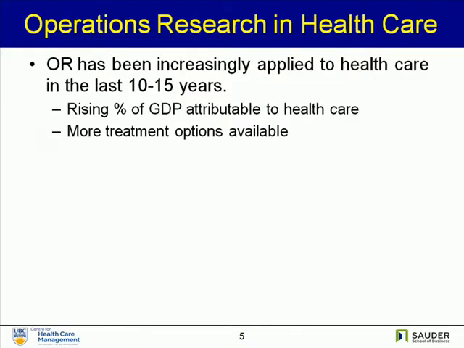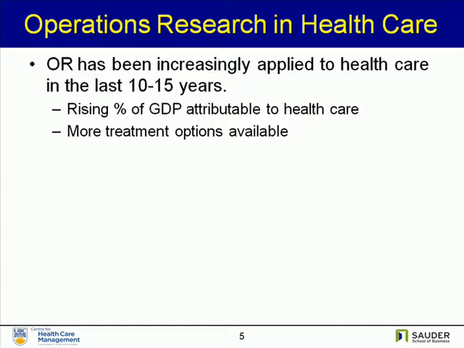I don't know what that means for the public, but so operations research in healthcare, as I mentioned, has been increasingly applied in the healthcare context in the last 10 to 15 years. Reasons for this? Well, many of the developing countries are seeing a rising percentage of their GDP attributable to healthcare.